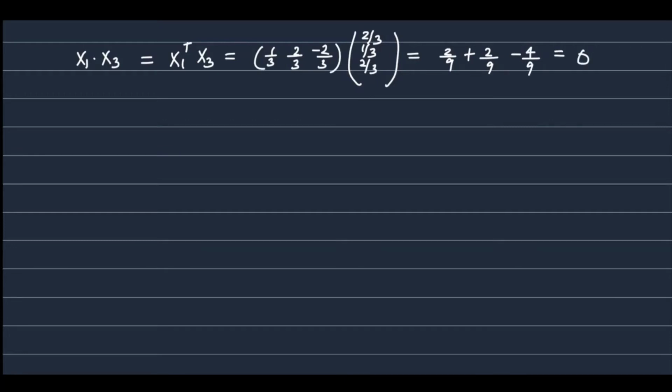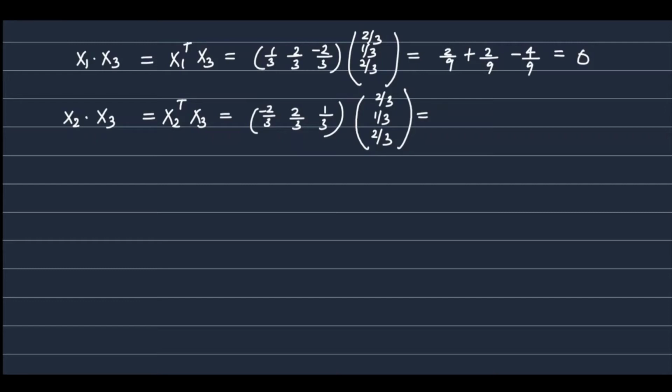Similarly, we will see what x2 dot x3 is. This is defined to be x2 transpose x3, where x2 transpose is minus 2 by 3, 2 by 3, 1 by 3, and x3 is 2 by 3, 1 by 3, 2 by 3.